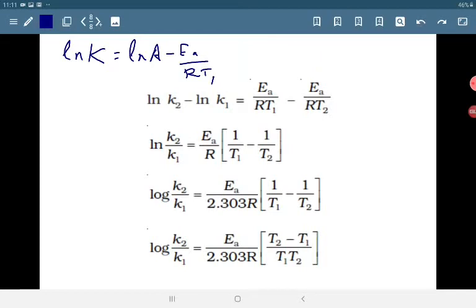Now log of k2 minus log of k1 means log of k2 by k1, equal to Ea by R common, times 1 by T1 minus 1 by T2.